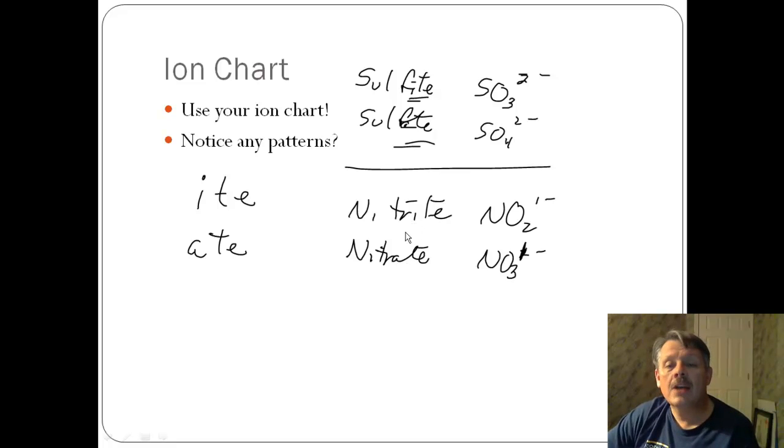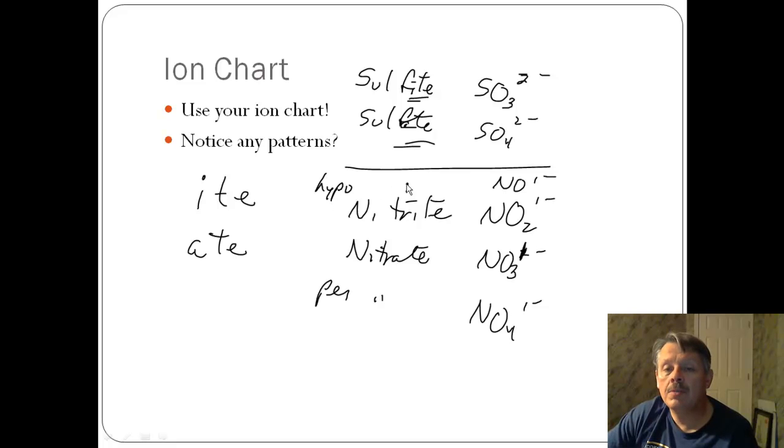Now, there are actually other patterns that you're not seeing here, because there is an NO4 with a 1-, and there is an NO with a 1-. The one with the -ate is called pernitrate, and the one up here is going to be hyponitrite.